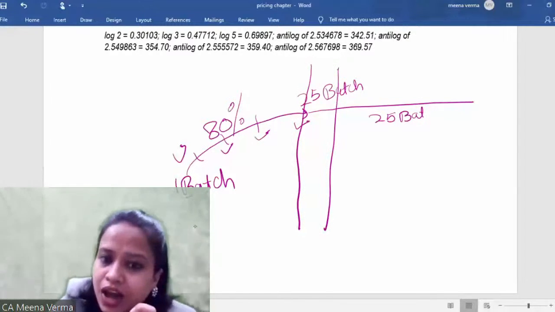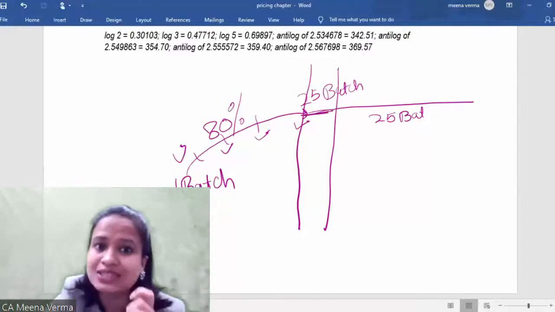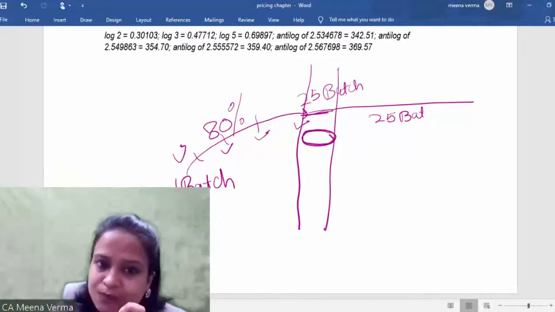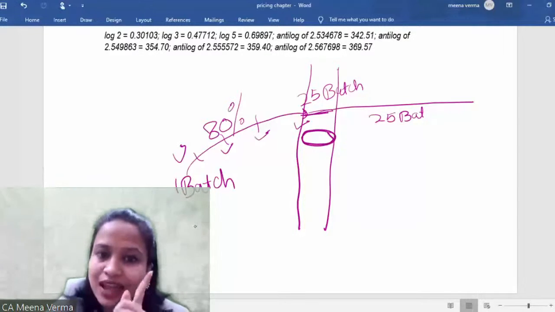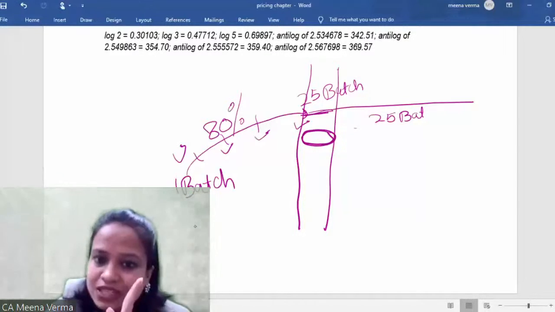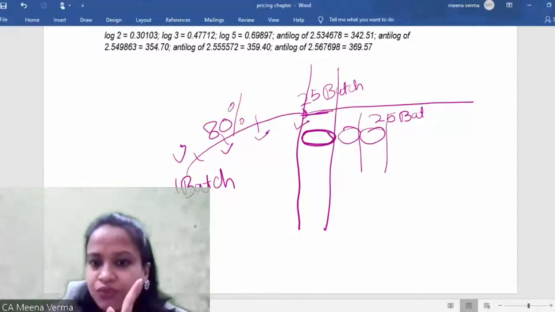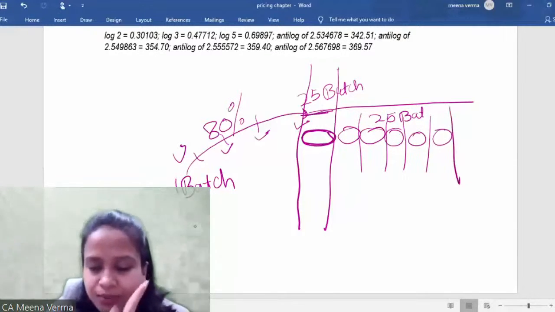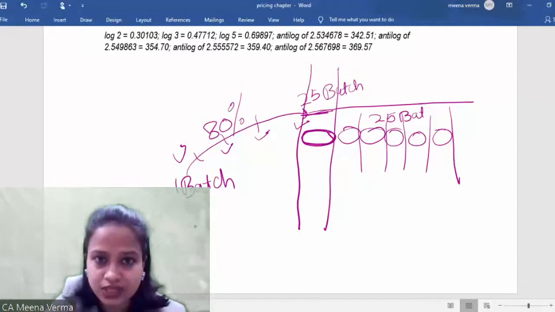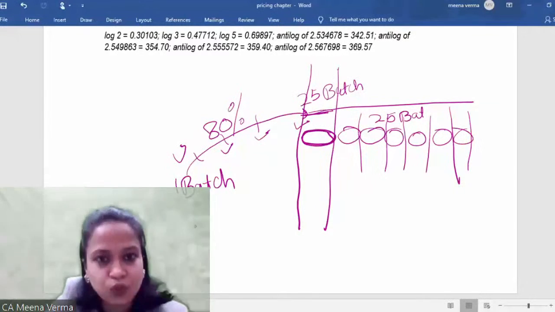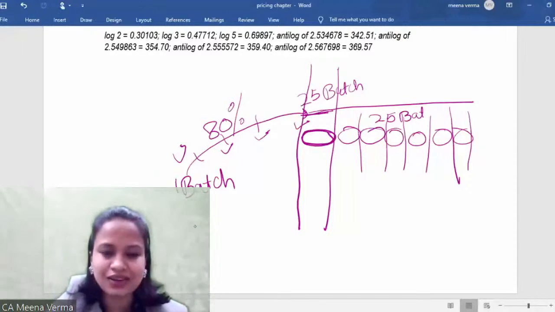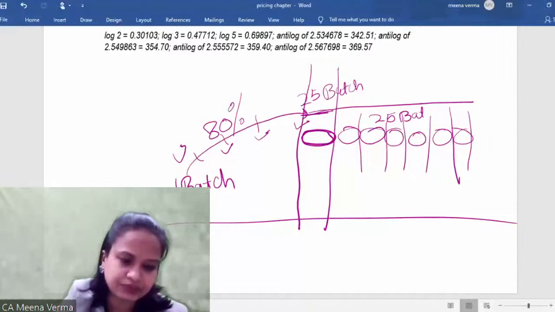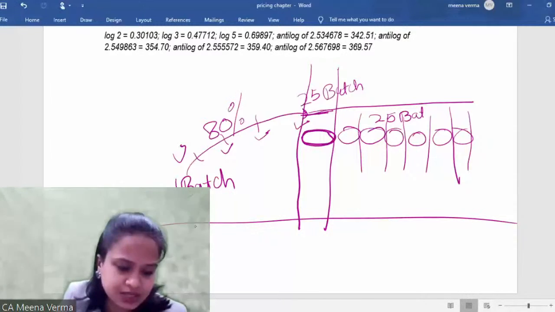After reaching this place, the labor will become perfect, and the labor hour he takes for one unit at this place will remain the same for the remaining units. Okay, so in this way it will work. Is it clear?